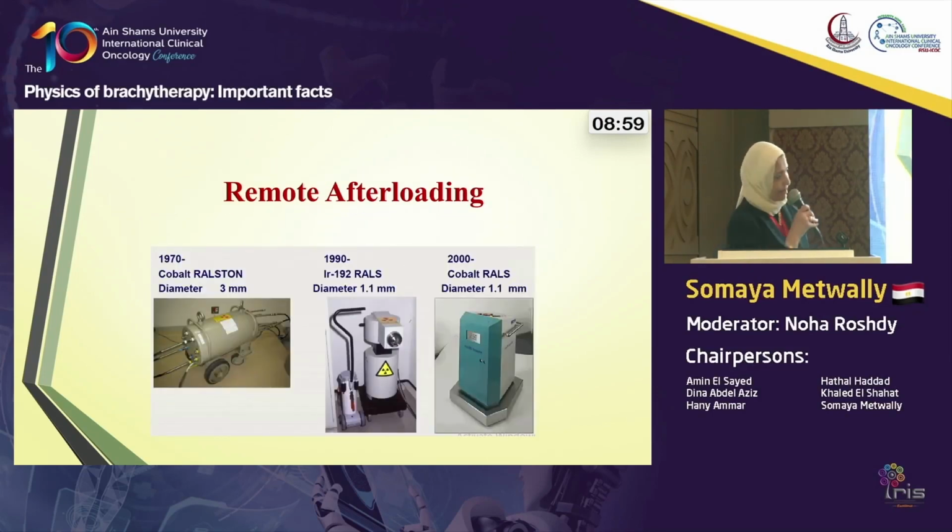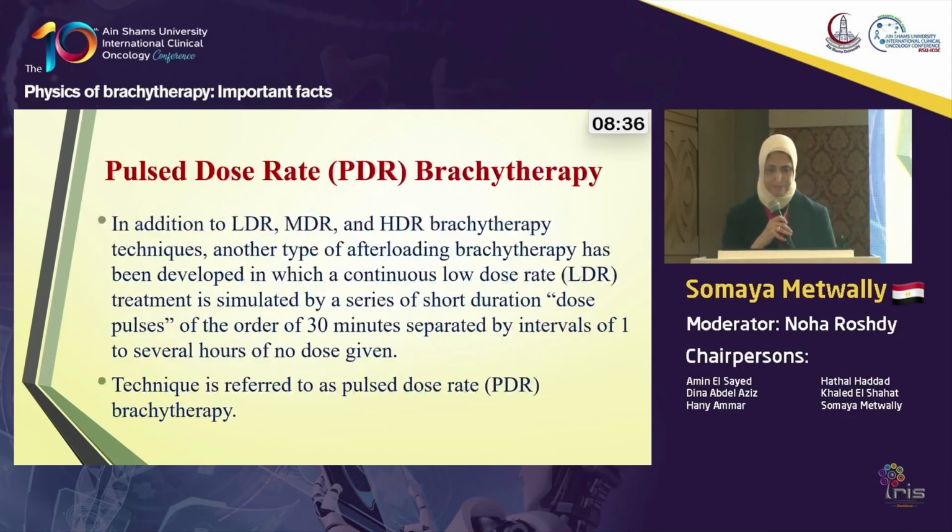These images are the historical development of the machines. Cobalt, the diameter of the source was 3 millimeter. In 1990, iridium 192, diameter of source 1.1 millimeter, and in 2000, cobalt, the diameter 1.1 millimeter.